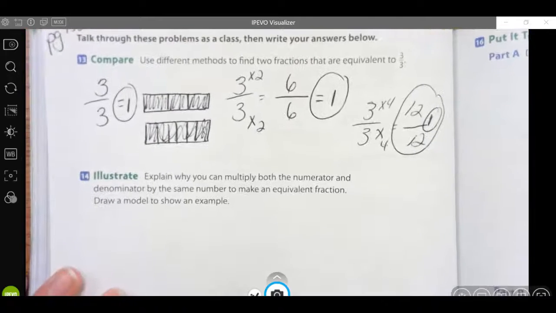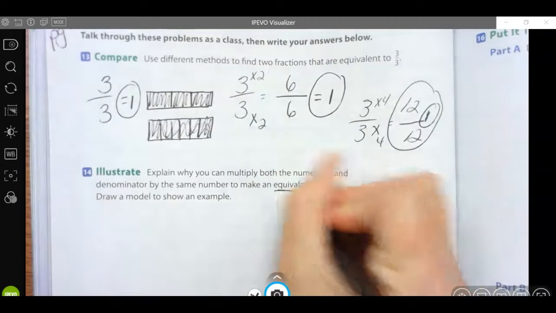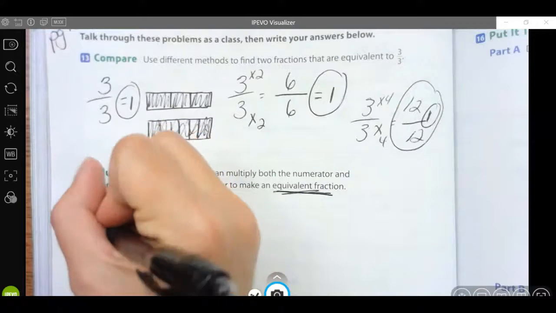Okay. 14, explain why you can multiply both the numerator and denominator by the same number to make an equal fraction. Well, it's not that you can, it's that you have to multiply it by the same number.